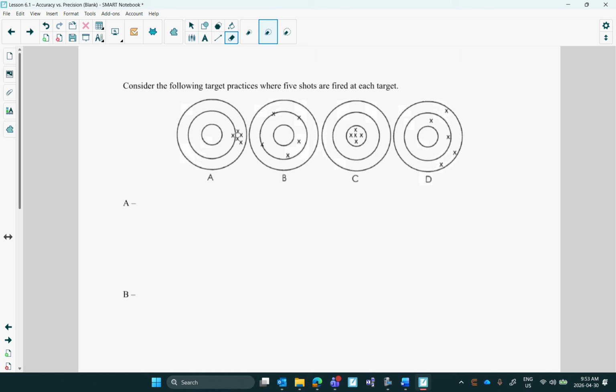No. We assume that they're aiming for the middle. Okay. Is it accurate? Is it precise? Good. Not accurate. Precise.